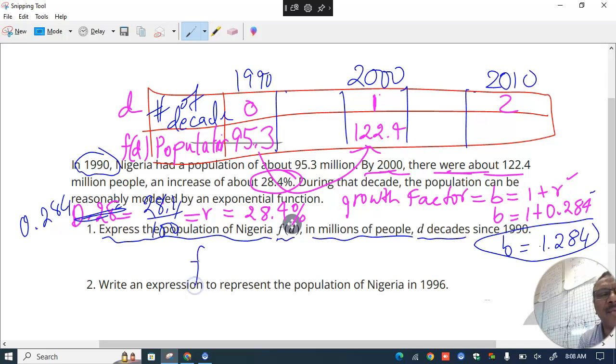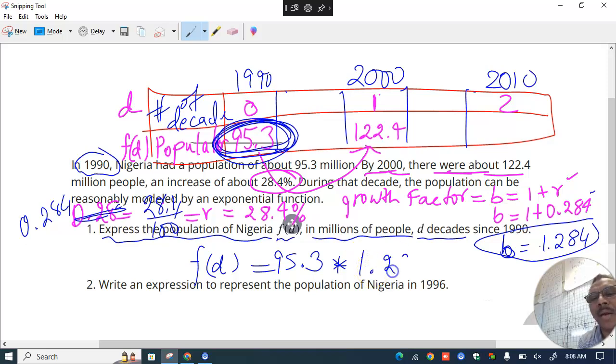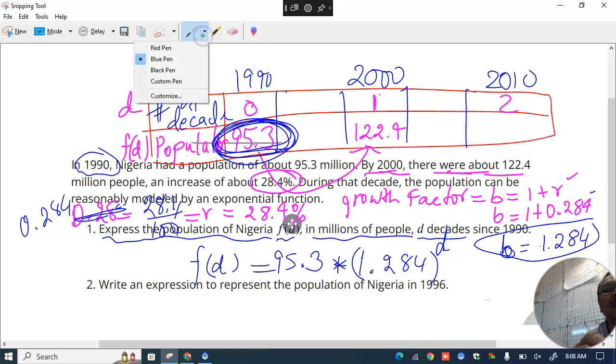So you write down f(d) is the population in the beginning, which is 95.3 million, and then you go on multiplying by the growth factor b, which is 1.284, raised to the power of the number of decades. If it is decades, you just put a d here, correct? So that's the answer for the first part.